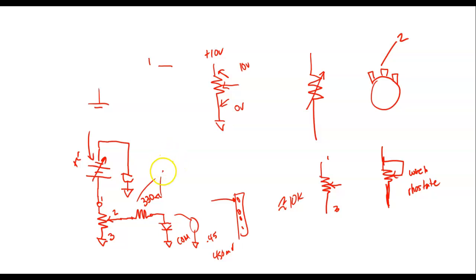We should measure approximately 0 volts because the diode is not biased yet. We have to get up to around 0.7 of a volt. Then we'll go to the next one, and all of a sudden you'll see a voltage drop across the 330. That means the diode is forward biased and it starts working. Now the switch is closed, right? You understand that? Then we should see a voltage drop. We're going to take it all the way up to 800 millivolts.